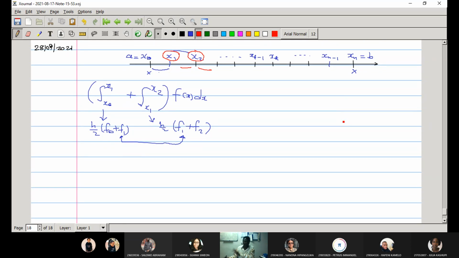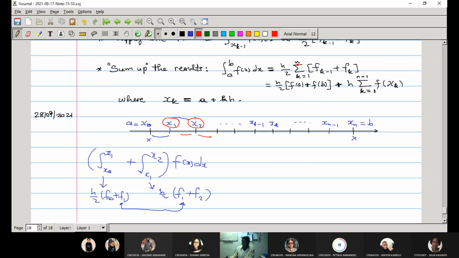So which means that in this summation, f(a) and f(b), that is for the first and the last, will be evaluated only once, but all the remaining inner points will be evaluated twice.